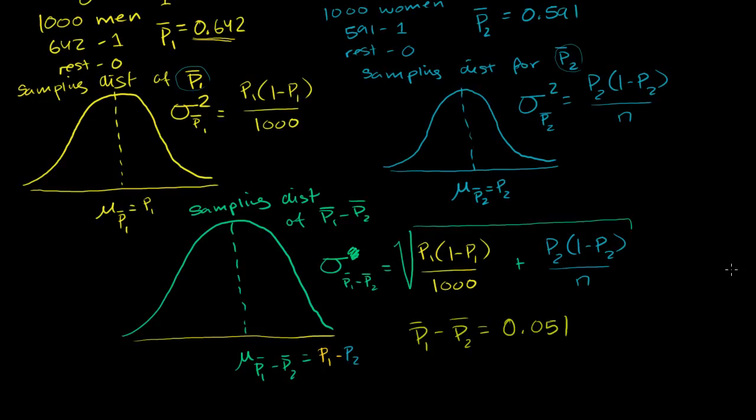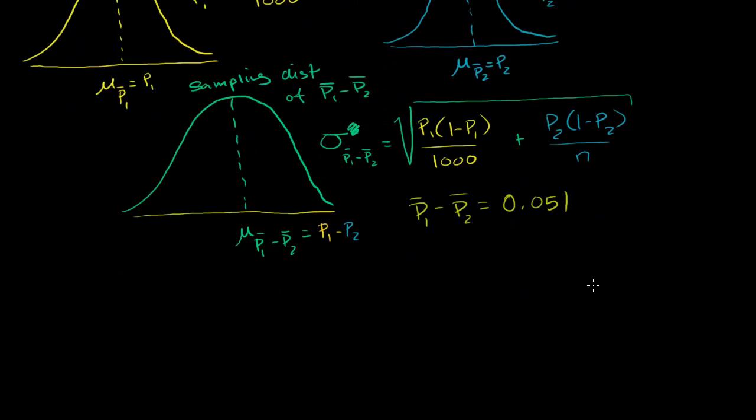So when we want a confidence interval, we want some interval. We want to be confident. I always have to say that because it's not going to be super precise. We want to be confident that there is a 95% chance that this thing right here. Remember, when we took the two sample proportions and took their difference, it's like taking a sample from the sampling distribution of this statistic.